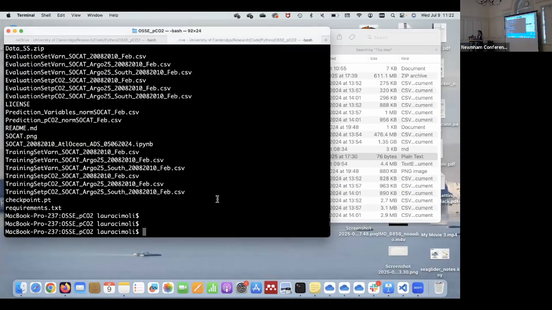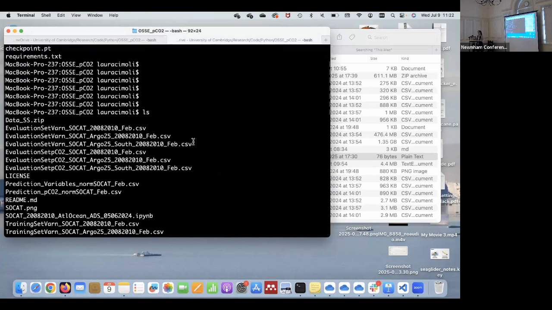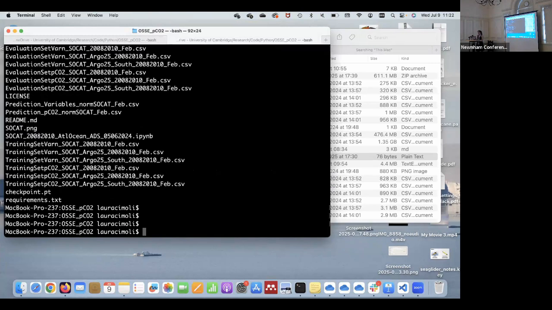When setting up, I have the repository cloned, and I have the data in this folder, which is what I have here. So this is the data, mostly in CSV files. And then I have a Jupyter notebook. What I want to do now is set up a virtual environment. This will be the corrected version.